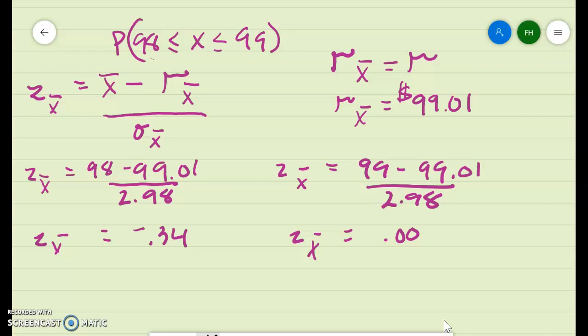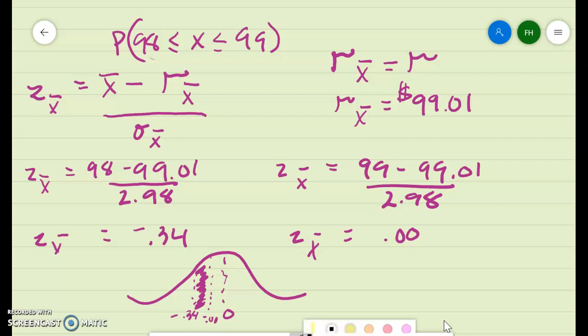So here is 0, and then here is negative 0.34, and over here is 0.00, negative 0.003 something, and we're trying to find the probability in between here. So the first number we're going to look up is going to give us the probability up to here.